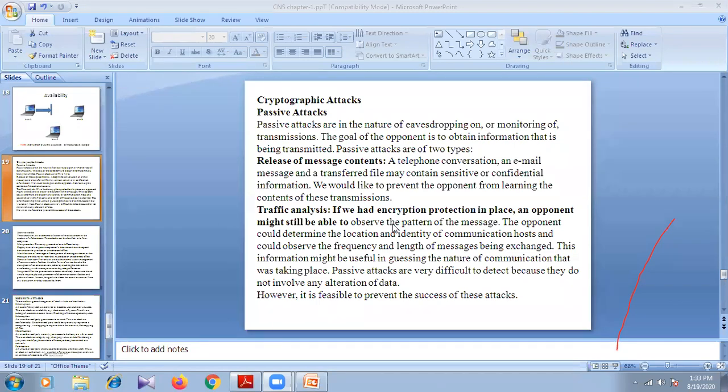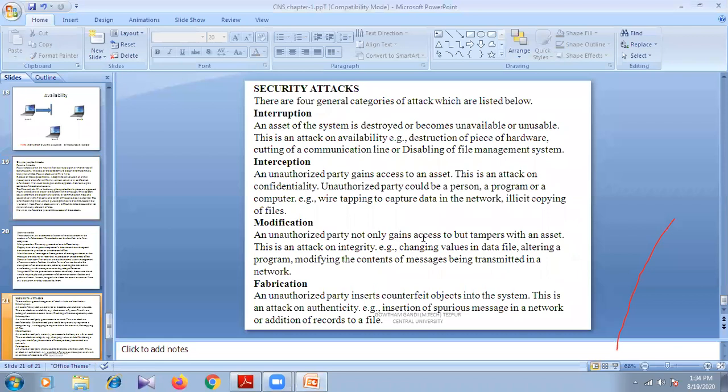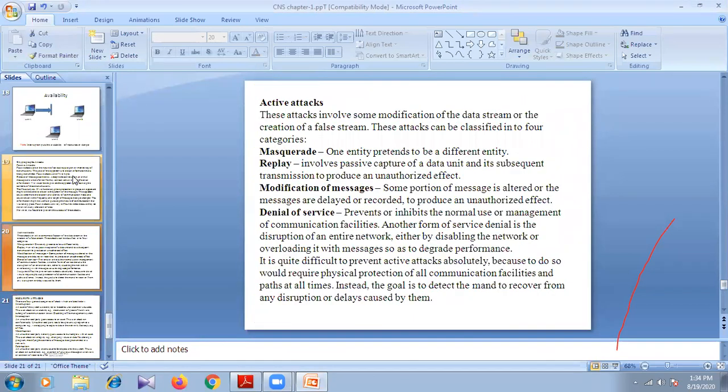That means traffic is continuously going on between the headquarters and that point. Automatically, people can identify that something is going on, ready to attack. That is the way you can identify the attack. You call that process traffic analysis. That is the passive attacks.